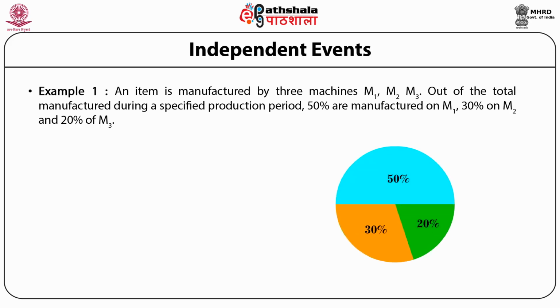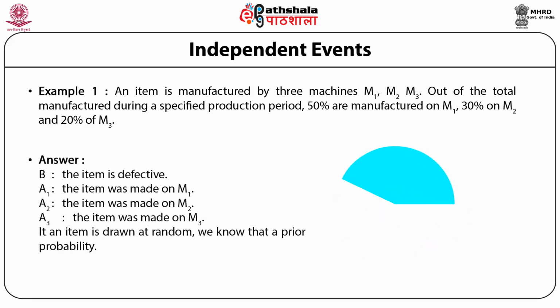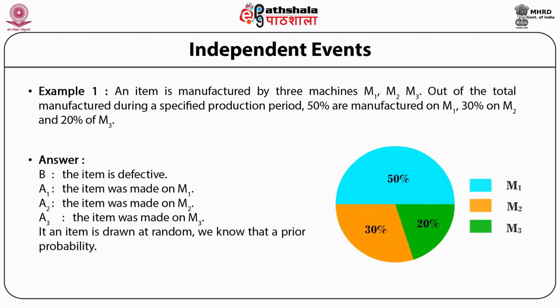It is also known that 2% of items produced by M1 and M2 are defective, while 3% of those manufactured by M3 are defective. All the items are put into one bin. From the bin, one item is drawn at random and is found to be defective. What is the probability that it was made on M1, M2 or M3?